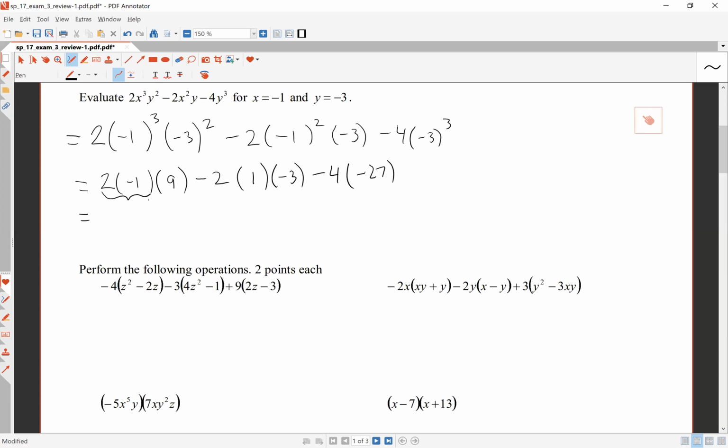Two times -1 is -2, times 9 is -18. -2 times 1 is -2, times -3 is +6.